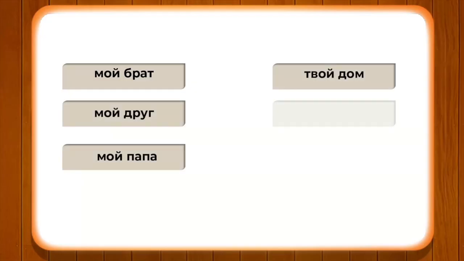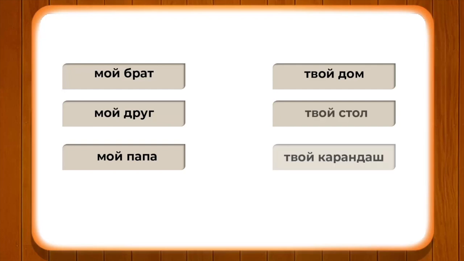Likewise we have moi drug, moi papa, tvoi dom, tvoi stol and tvoi karandash. As you already remember, all of these words we have done in our previous modules. So let's see what they mean.